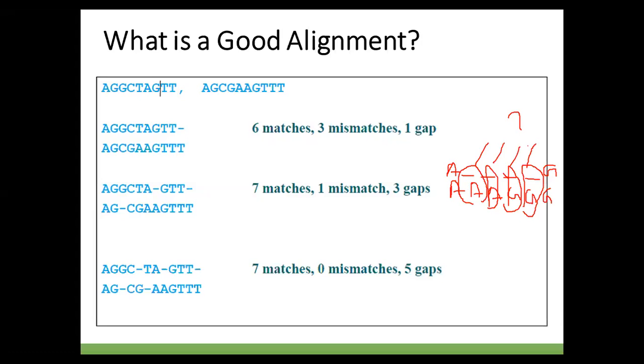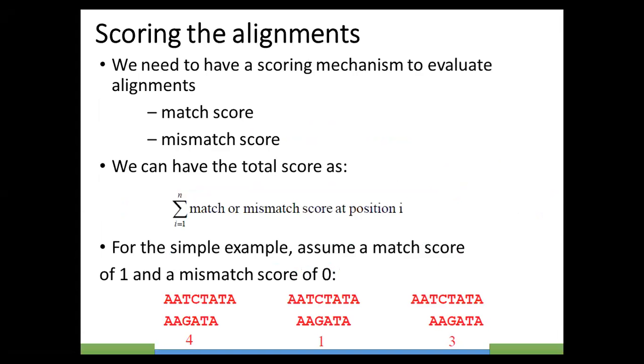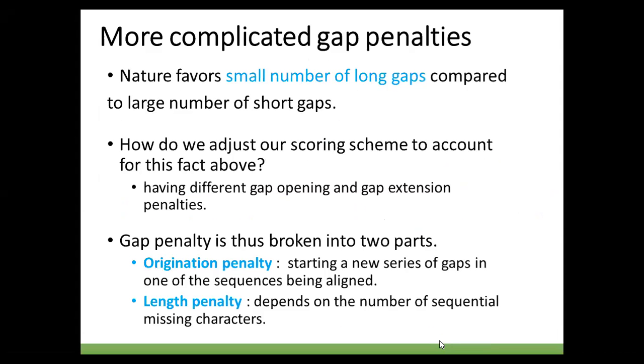So to find that kind of alignment, one can have a technique in scoring. We can have an origination penalty, to start a new series of gaps in one of the sequences. Gap starting penalty, opening penalty. And a length penalty that depends on the number of sequential missing characters. So when the gap becomes lengthy and lengthy, we assign the score in ascending order.